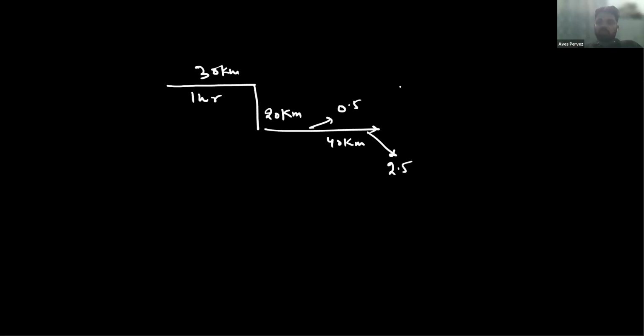So how will you calculate the average speed? Total distance is 30 plus 20 plus 40: 30, 20 is 50, then 40 makes 90. And the time is 1 plus 2.5 is 3.5, and 0.5 makes 4. So that's 90 by 4 kilometer per hour. You understood? This is total distance upon total time.